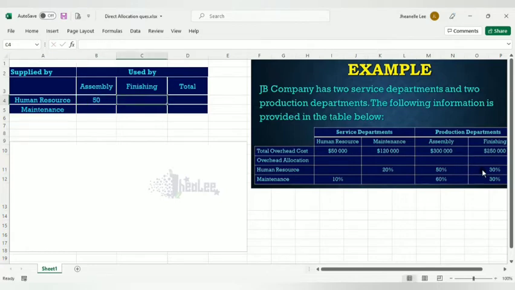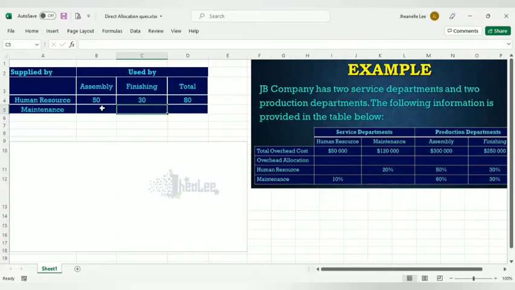For the finishing, we have 30%, and even though it is saying percent, you're going to find that your total is only 80, because we are not picking up the 20% that is used by the maintenance department, because we're doing the direct allocation. So this is why we have to ensure that we reassemble the data. So it's no longer out of 100, it is now out of 80 for the human resource.